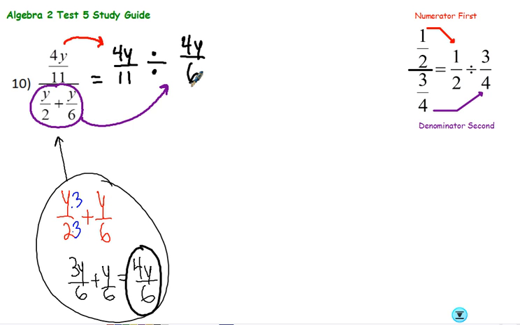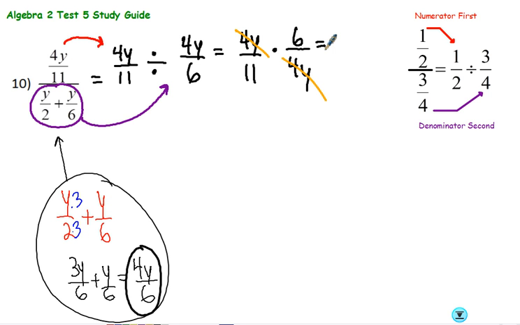Now, it's division. We know that division turns into multiplication. We do our copy dot flip. So we know that's really 4y over 11 times 6 over 4y. And then all we're doing there is canceling. The 4y cancels with 4y. I don't have to factor because there are no groups.